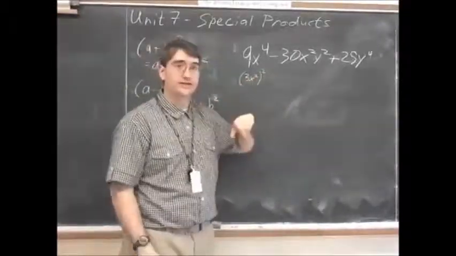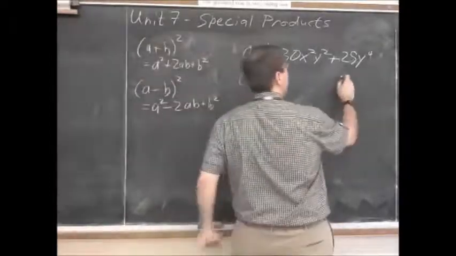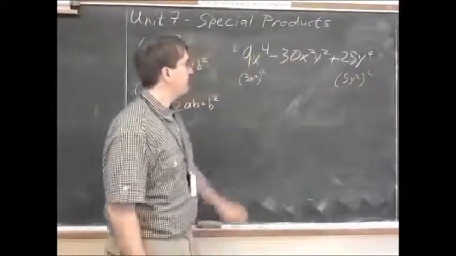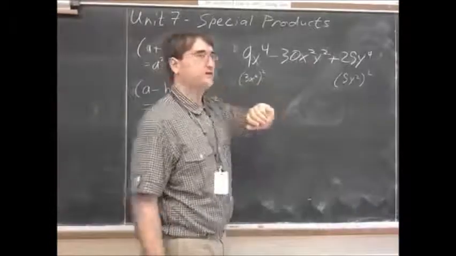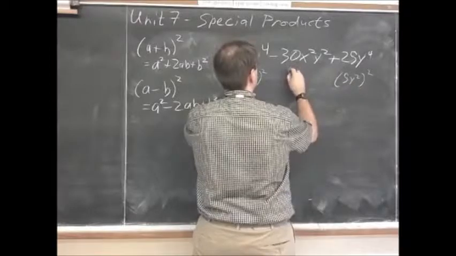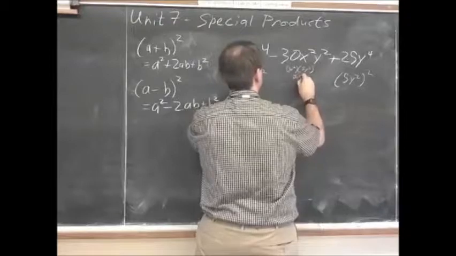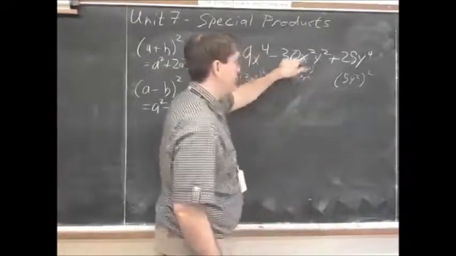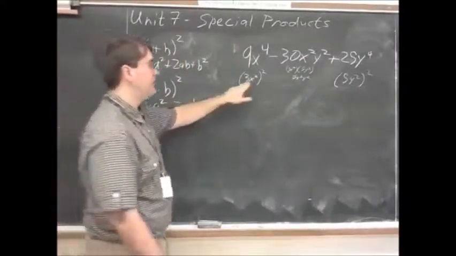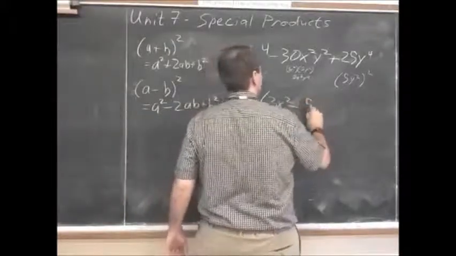Remember that for a power inside a power, we multiply the exponents. 25y to the 4 is the square of 5y squared. And negative 30x squared y squared: 3x squared times 5y squared gives us 15x squared y squared, and twice that would be 30. So this follows the pattern. In fact, it follows the second pattern. That means this polynomial factors to 3x squared minus 5y squared, squared.